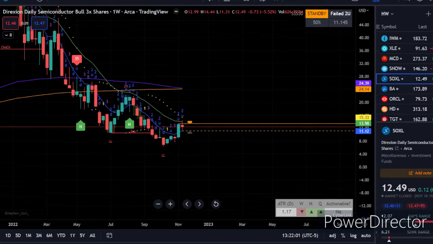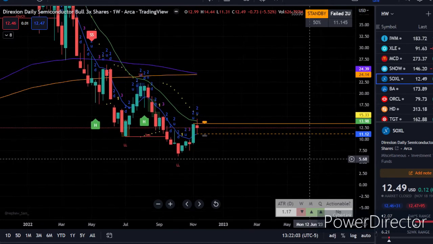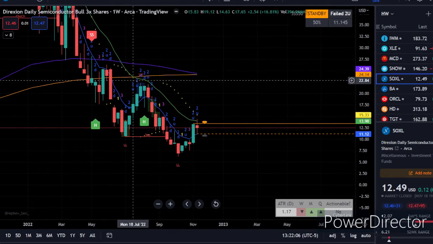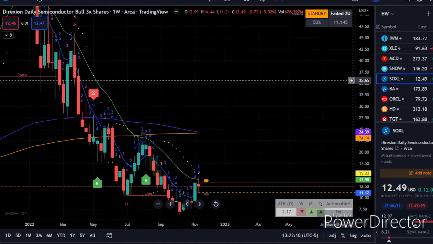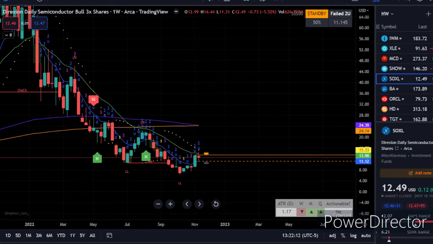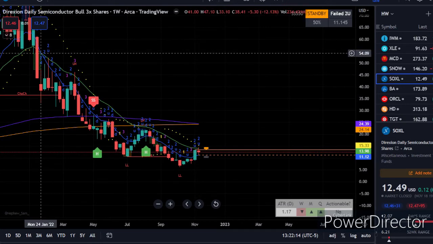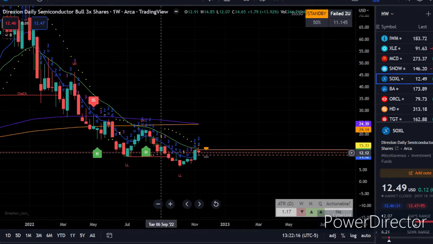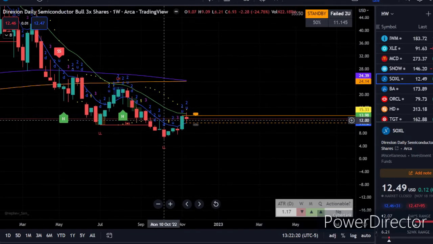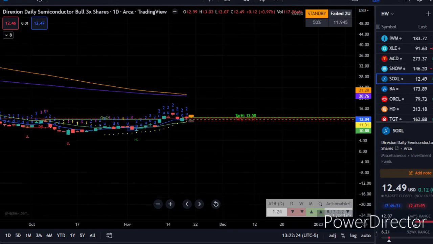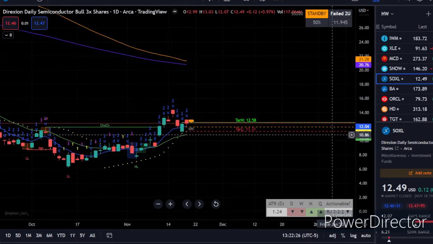Looking at on the week though, we have a rejection here. The last time we got up here, we rejected, and we really haven't been above it since it crossed. So I have to see if the bulls have enough steam to push this.